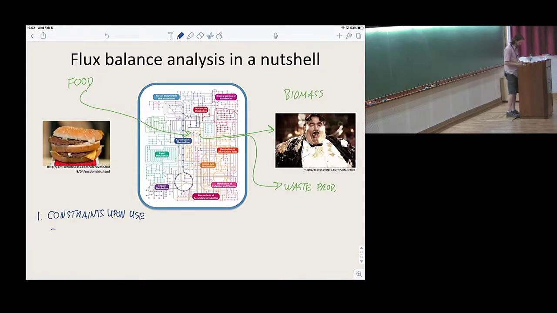The main constraint is that it uses the known metabolic reactions. That's certainly a constraint. You aren't allowed to invent anything. And you cap at least one flux for transport into the cell.